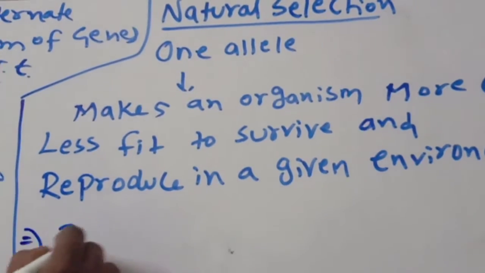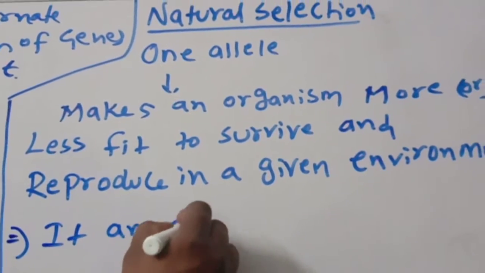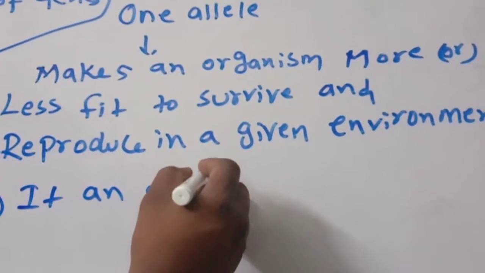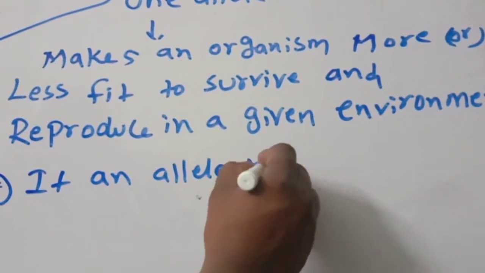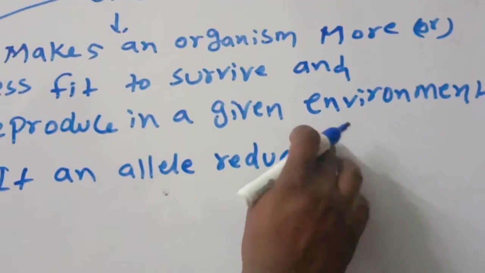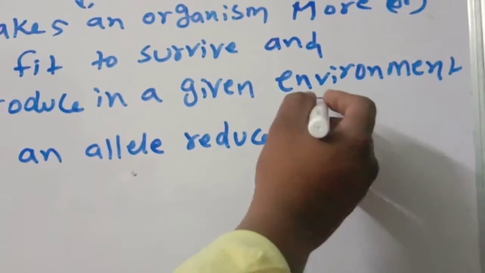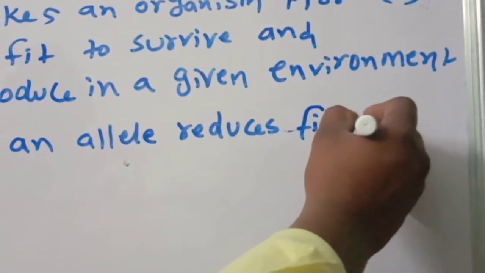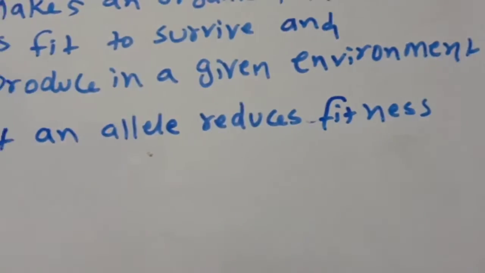Next one, if an allele, an alternate form, reduces fitness, what will happen?